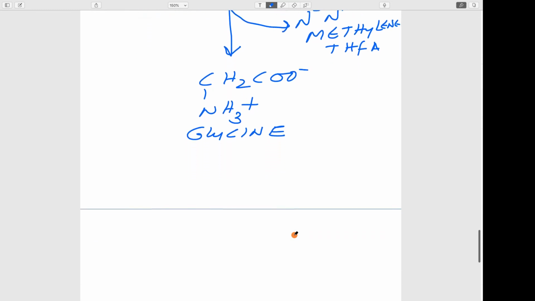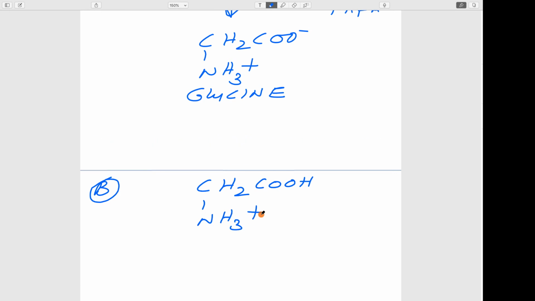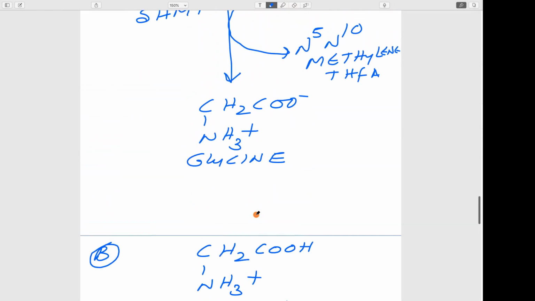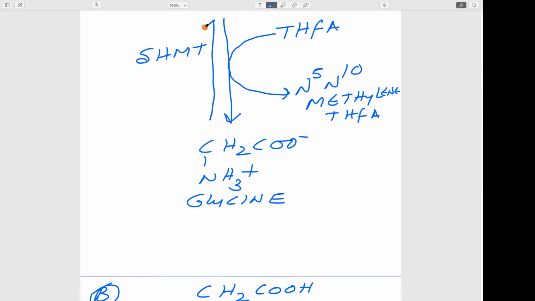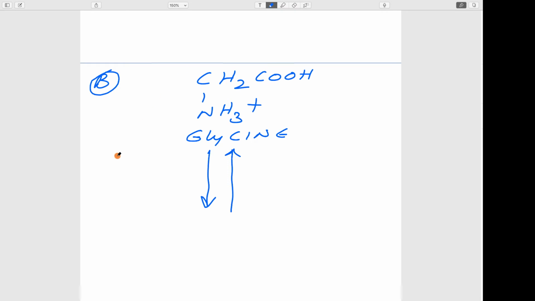The next reaction, B, is the glycine cleavage system. This is the glycine amino acid. This is a reversible reaction, and the serine reaction above is also reversible, so they can be interconverted.